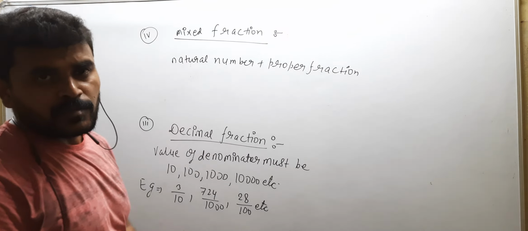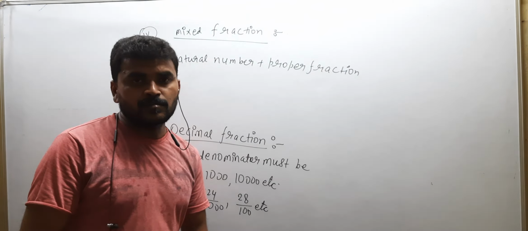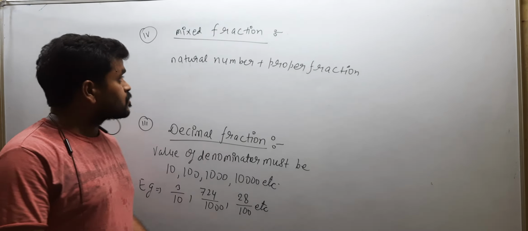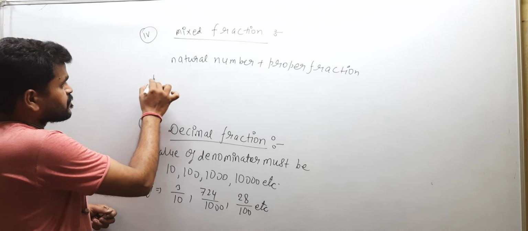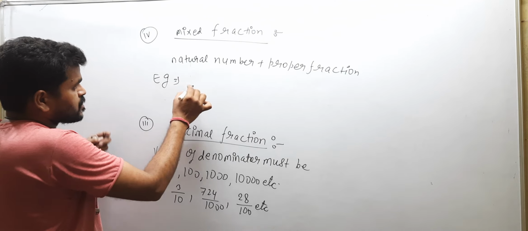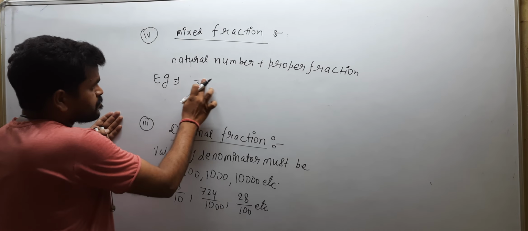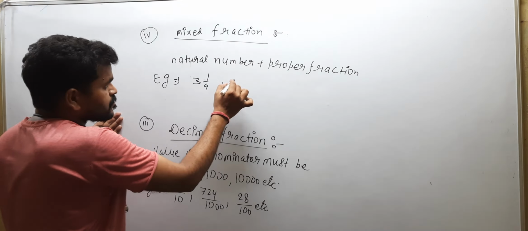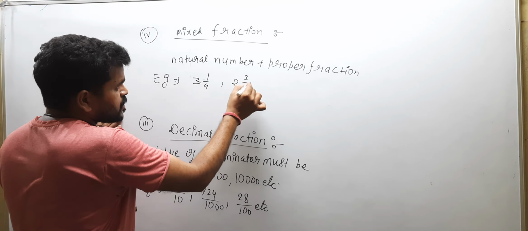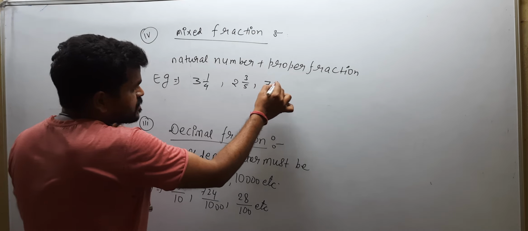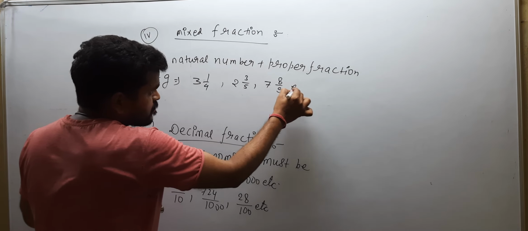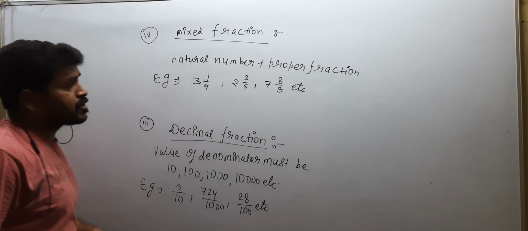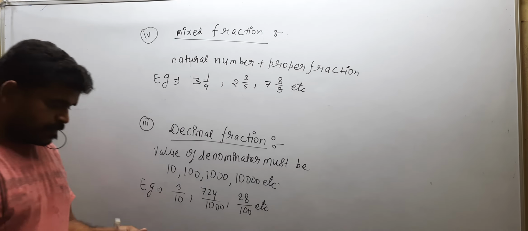So a mixed fraction is a combination of a natural number and a proper fraction. Let's see some examples of mixed fractions. For example, 3 1 by 4, 2 3 upon 5, 7 8 upon 9. These are examples of mixed fractions.